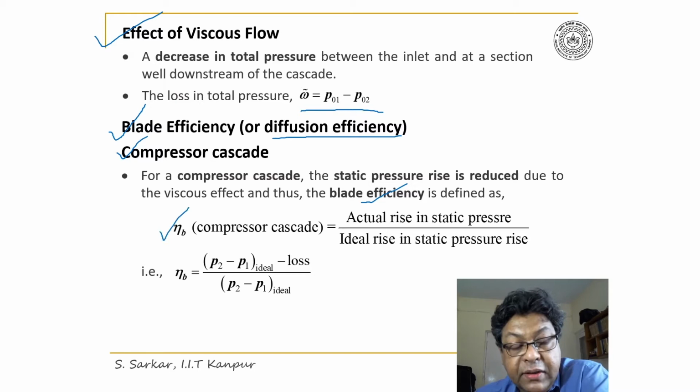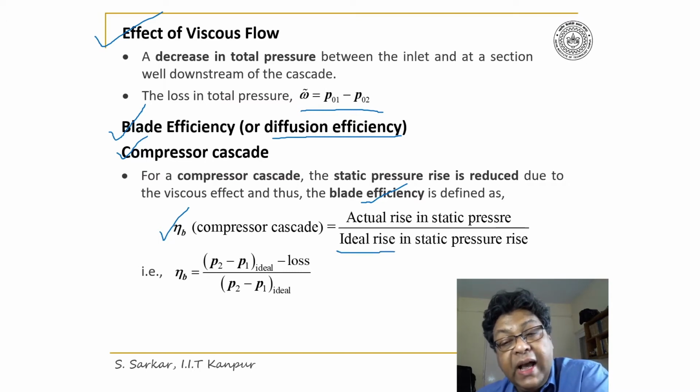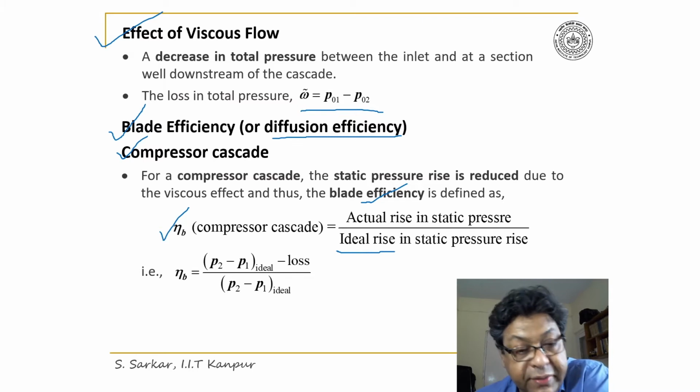Thus, the blade efficiency can be defined here as eta B for a compressor cascade equal to the actual rise in static pressure divided by the ideal rise in static pressure. For a compressor cascade, the ideal rise in static pressure will be higher than the actual rise.